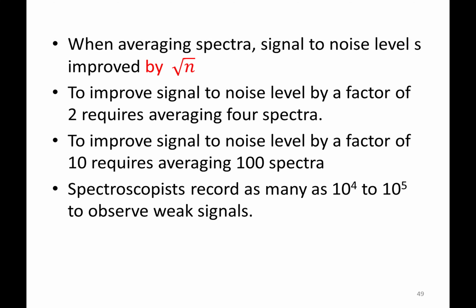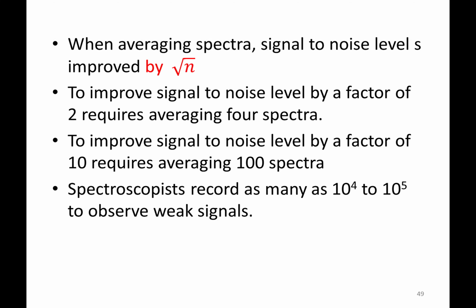And this is practical. You go into the lab, you get an infrared spectra, the analyte is in very small concentration. You suspect there is a signal due to that analyte because the analyte is in small concentration.